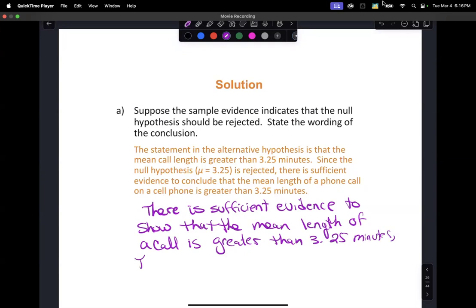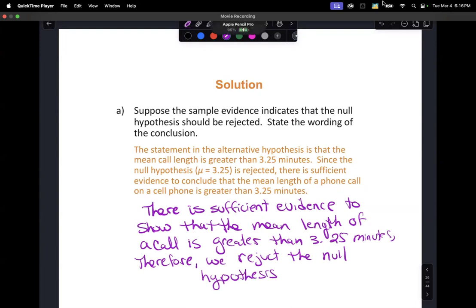Therefore, we reject the null hypothesis. Those are my words. Man, I lost part of my E. As long as you somehow state that you have evidence to show the alternative hypothesis, and you use the words we reject the null hypothesis.